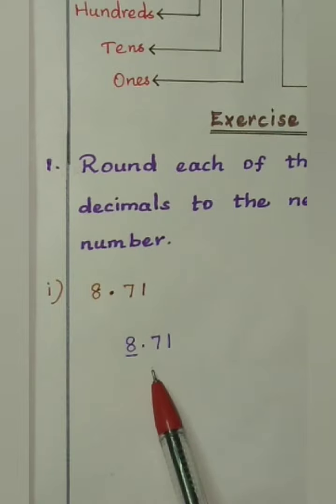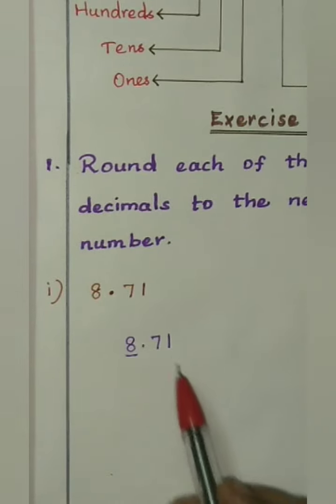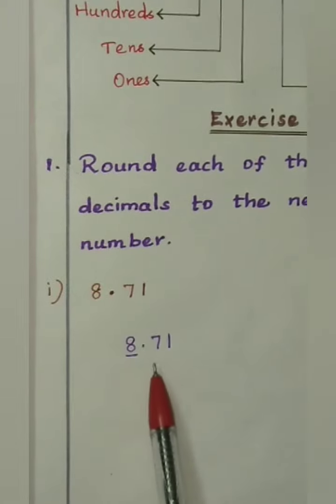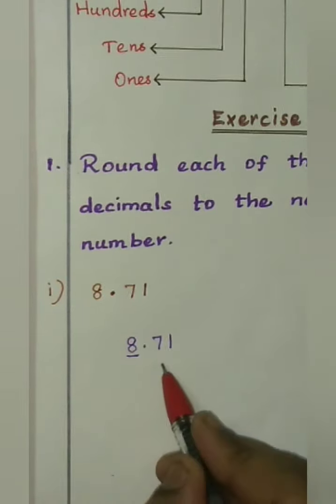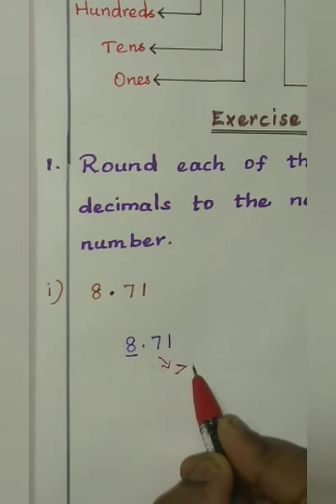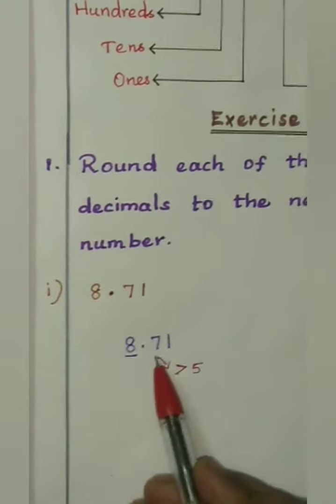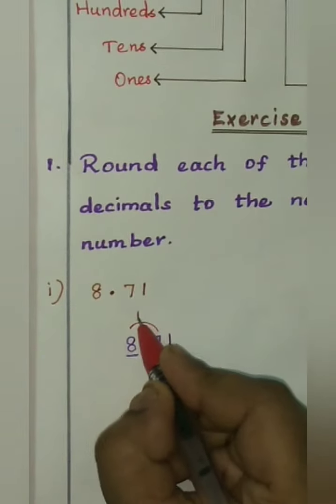Then look at the digit to the right of the underlined digit. Is it greater than 5, less than 5, or equal to 5? Here we have 7, that is greater than 5, isn't it? So add 1 to the underlined digit.